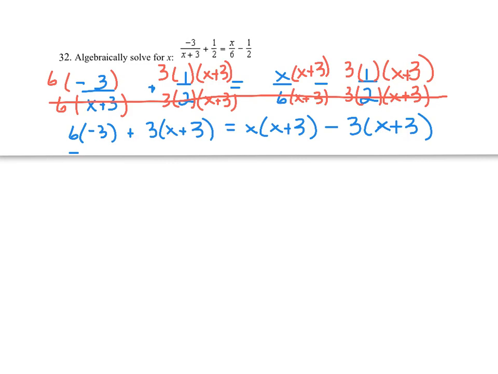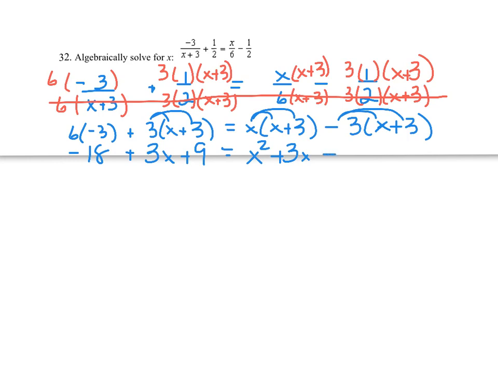Okay, so I've got negative 18. I'm going to distribute this 3 through. That's going to give me 3x plus 9 equals, let me distribute that x through, and that's going to give me x squared plus 3x. And let me distribute this negative 3 through. Don't forget that minus sign there.